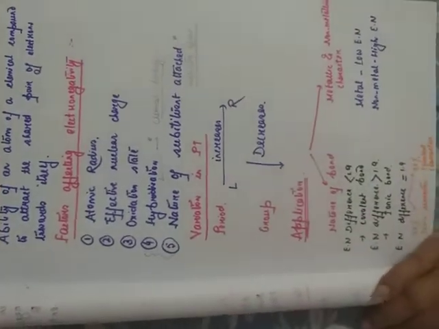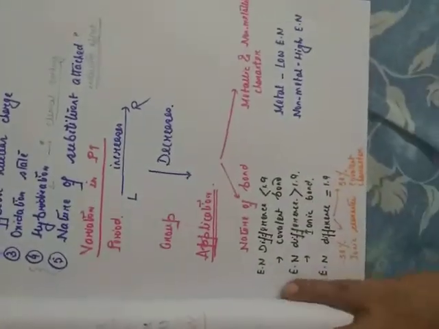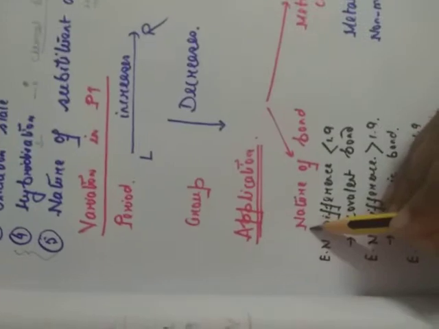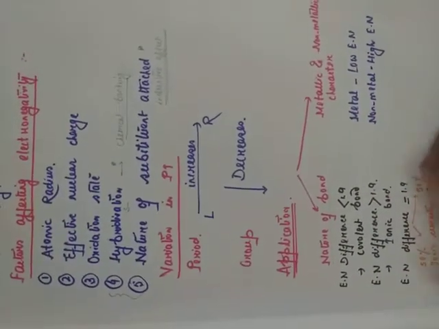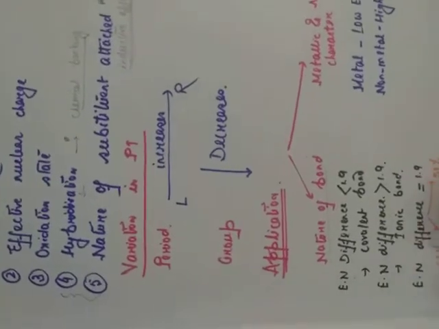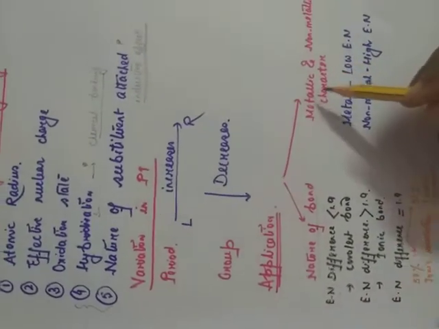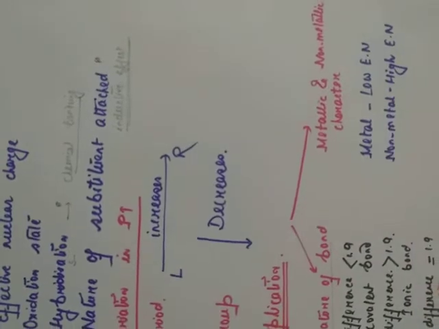Application of electronegativity. The major two applications are in assessing the nature of bond, whether it will be ionic, covalent, or have 50% ionic and 50% covalent character, and the other is metallic and non-metallic character.